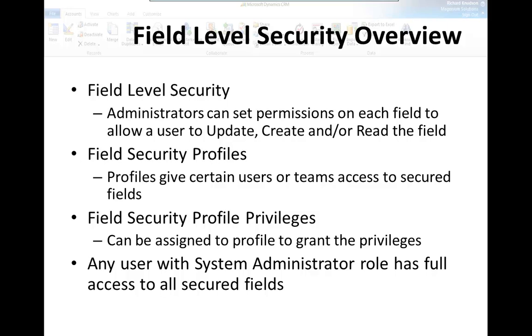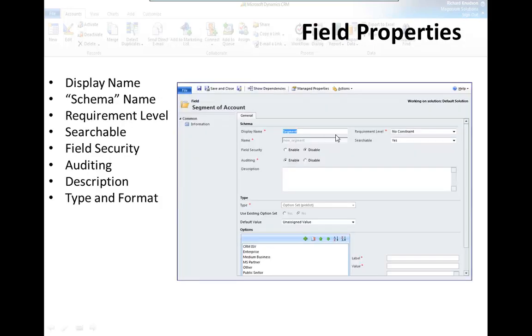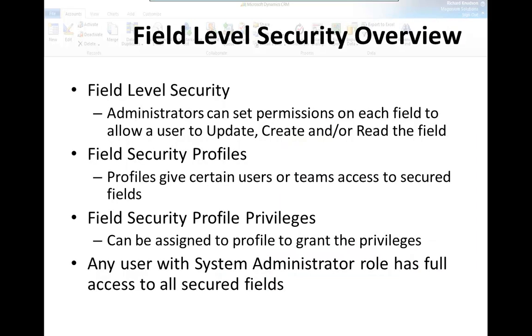So if you turn on field security, you click enable here, by default, no security role will be able to do anything with that field except for system administrator. So then you have to add people via this security profile mechanism to extend privileges.